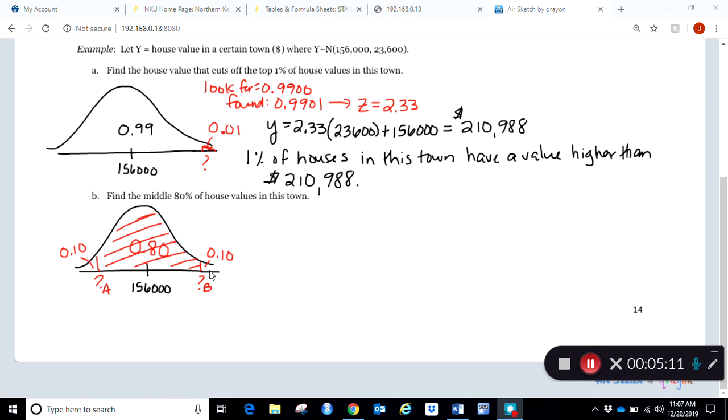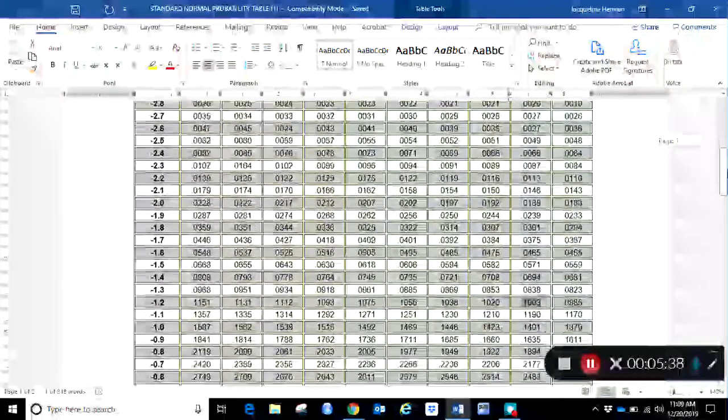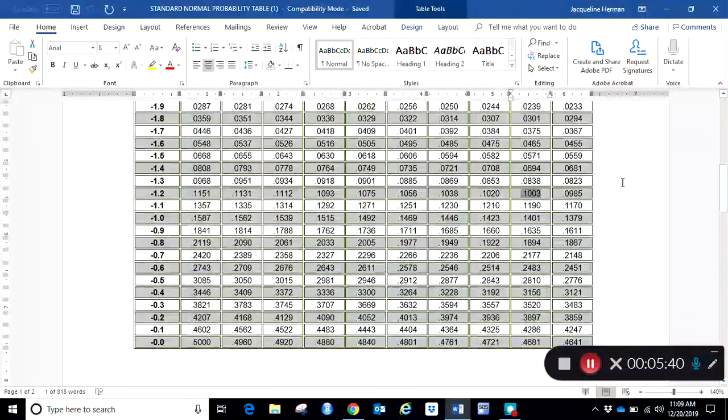Again, our next goal is to figure out the number to go to the table with to help us find our z-score. So I should be looking for 0.1000 because that's everything that's to the left of this question mark. What I found in the table was 0.1003, which corresponded to a z of negative 1.28. Again, I knew my z should be negative since I was below the mean.